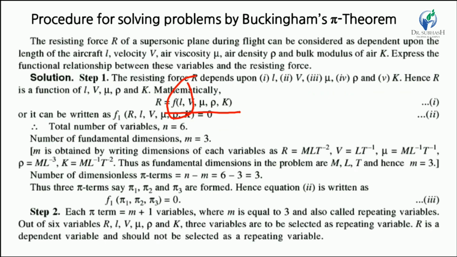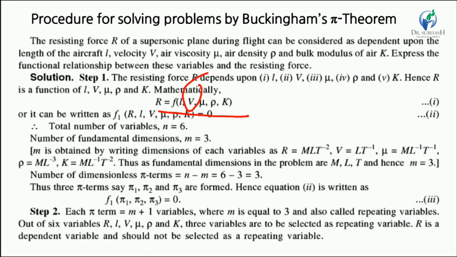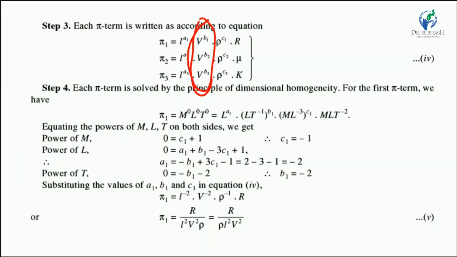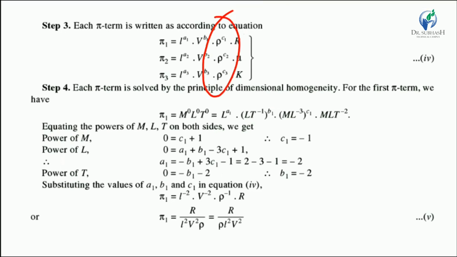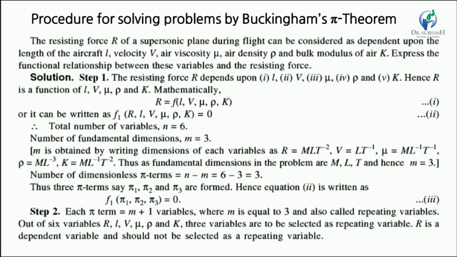Here the flow property of fluid is velocity or acceleration. So velocity is taken as the second repeating variable, and the third repeating variable is taken from the category of fluid properties. The fluid properties among the 6 variables are viscosity and density. You can take either viscosity or density, any one of the 2.